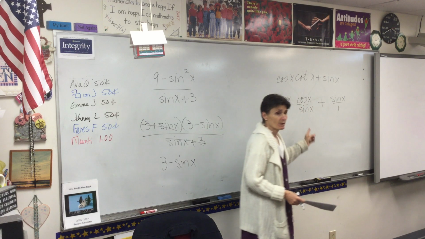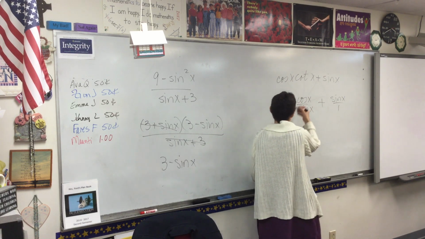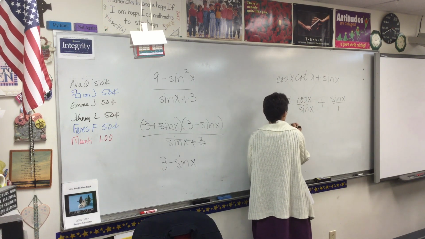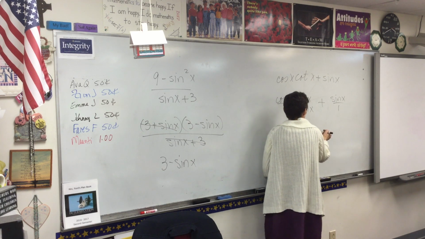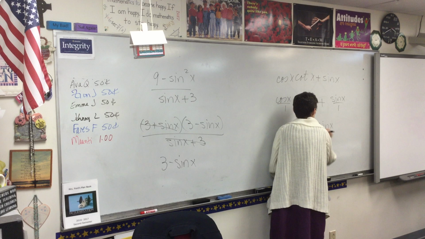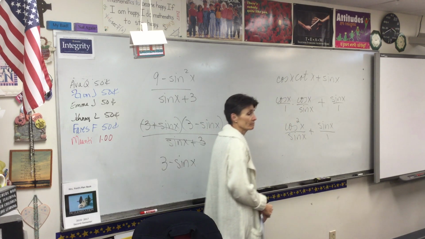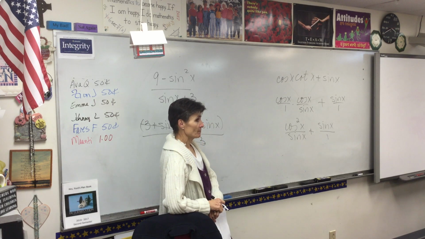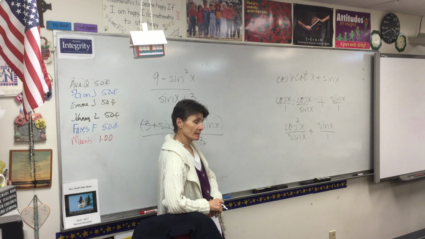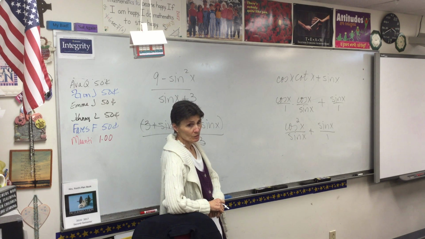No. I can't even cancel anything here. That's just cosine squared over sine plus sine over 1. Everybody agree with that? Now, there is no canceling, kids. You are not multiplying. If you were multiplying, you could cancel.